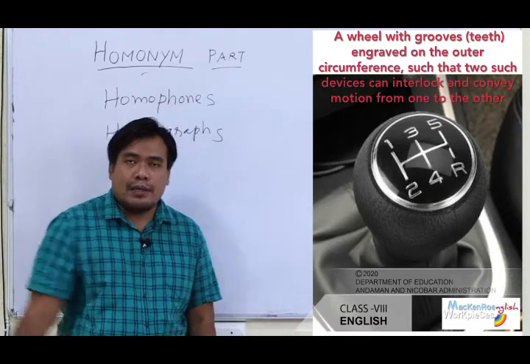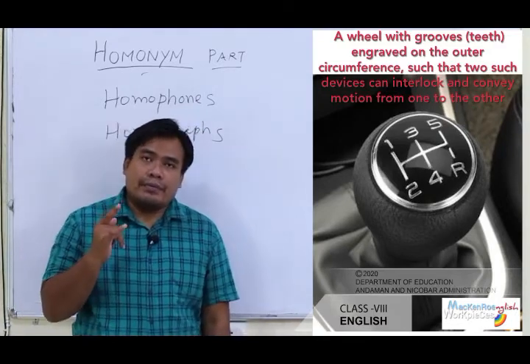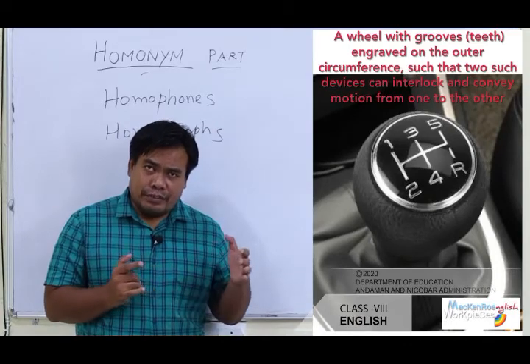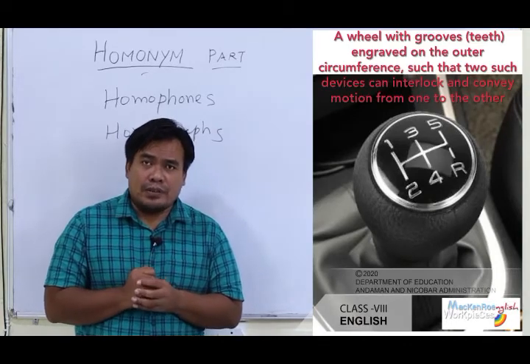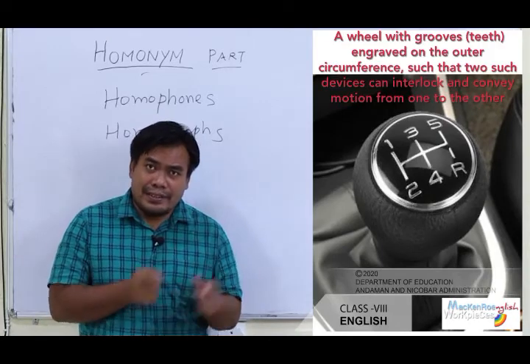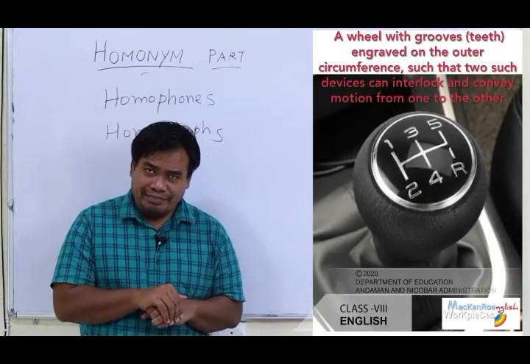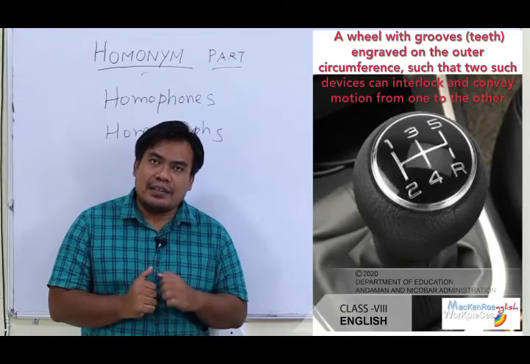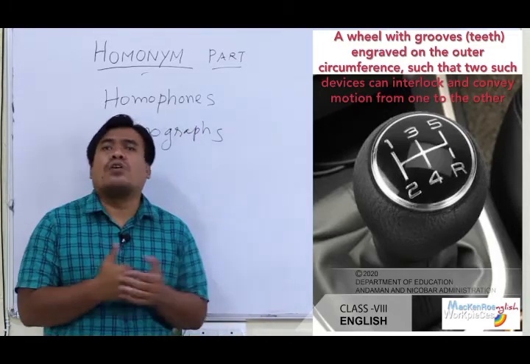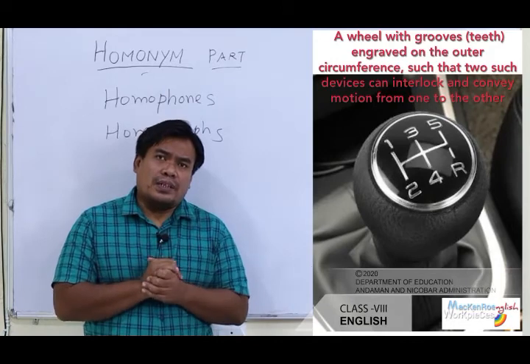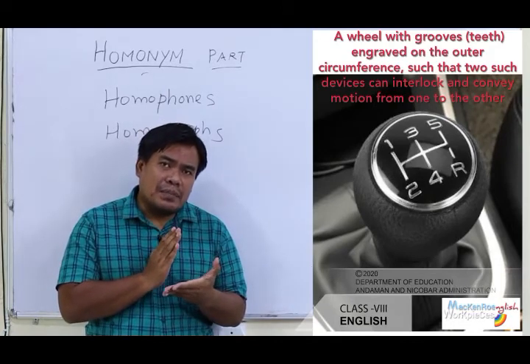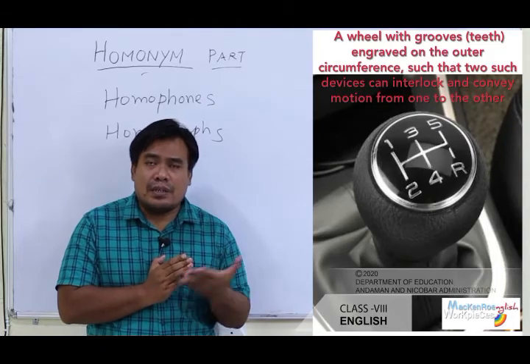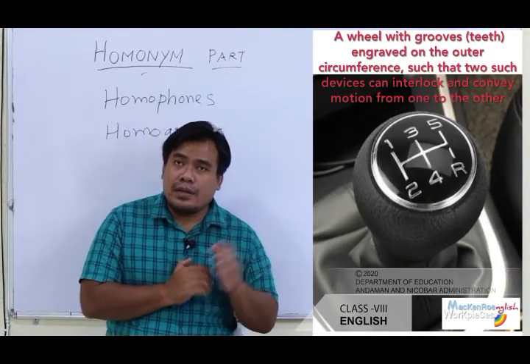Okay, but by the way, when we talk in terms of driving vehicles, or especially four-wheelers or cars, you will find this object over there. It's called gear. G-E-A-R, gear. Okay, the first gear, second gear, third, reverse gear, and all those. So that particular machine inside the vehicle is called gear.